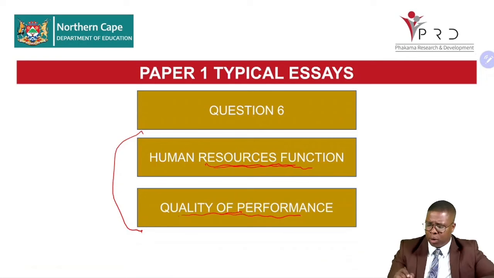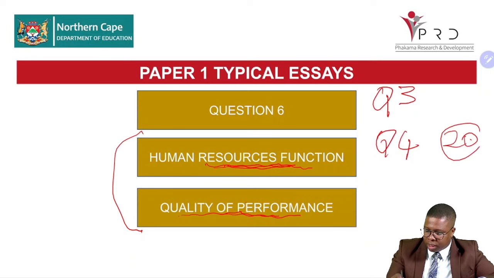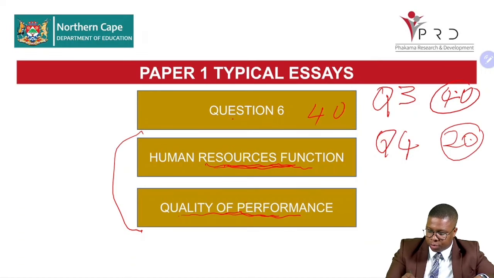And remember, you are going to be asked questions on human resource function and quality of performance under question 3, together with question 4. Question 4 will be allocated 20 marks because this is miscellaneous. And then here you'll have 40 marks. And remember, in question 6, you'll also have 40 marks.